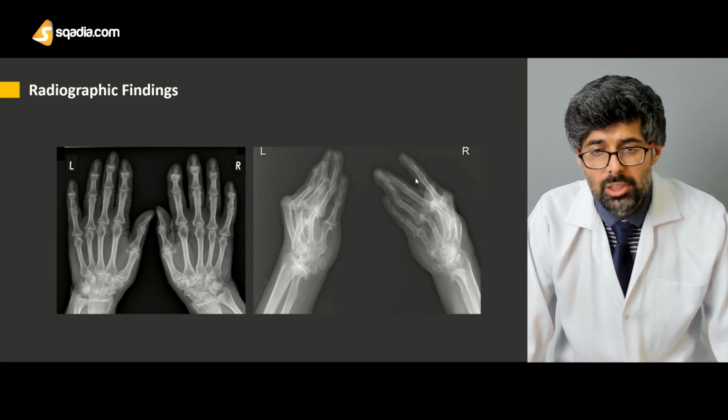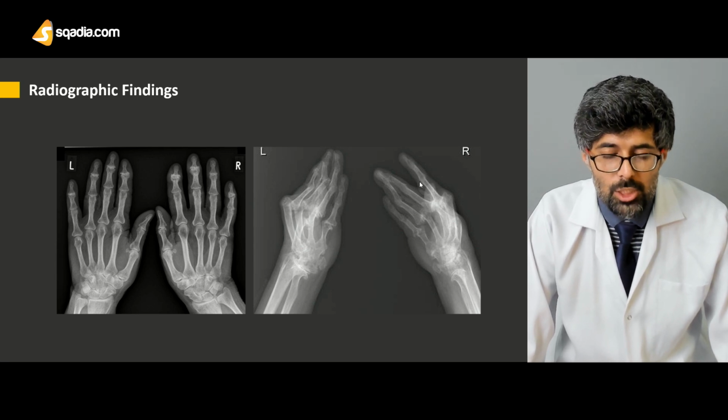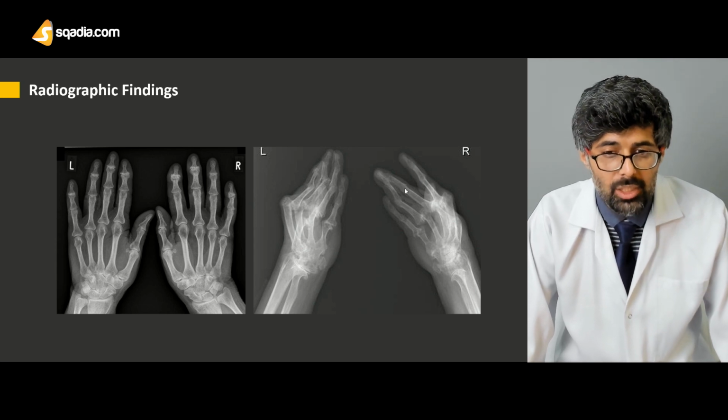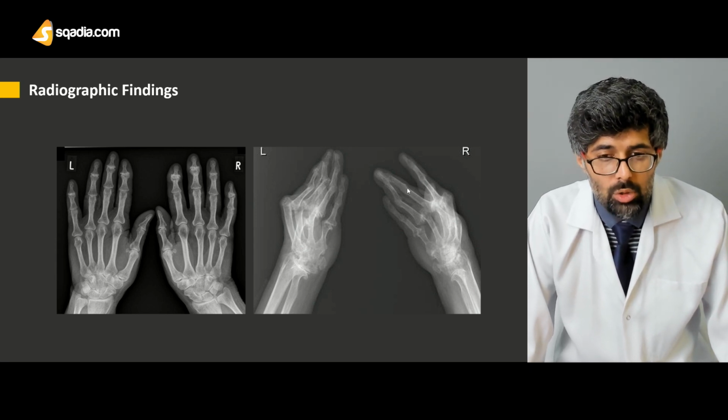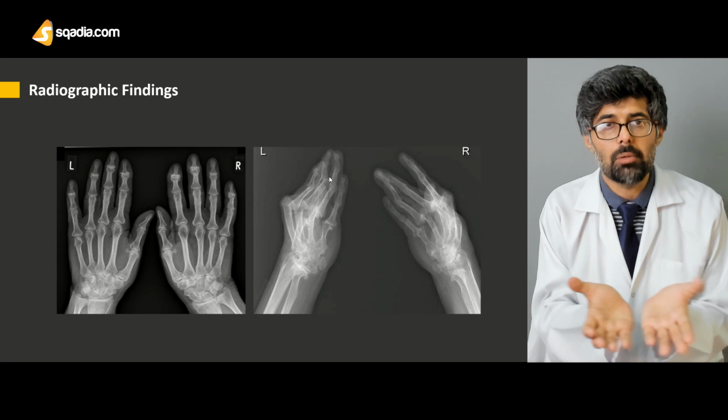You can also see that there is some extension of the joints at the synovial or the distal interphalangeal joint, resulting in an outgrowth, and that outgrowth at these areas results in a cup-like shape.